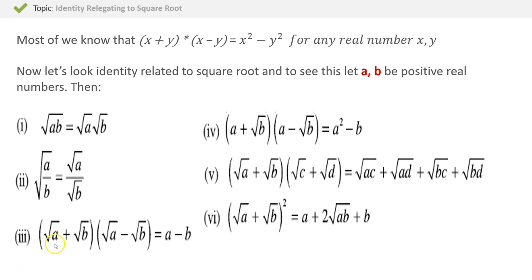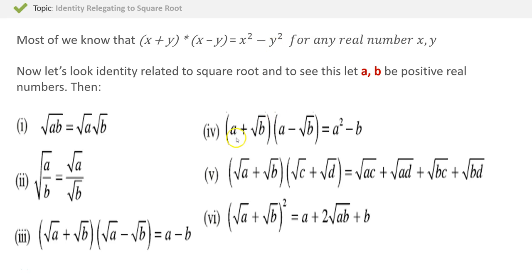And if you have the square root of a plus the square root of b, and you multiply this by the square root of a minus the square root of b, what you get is a minus b, because x plus y multiplied by x minus y will give you x squared minus y squared.